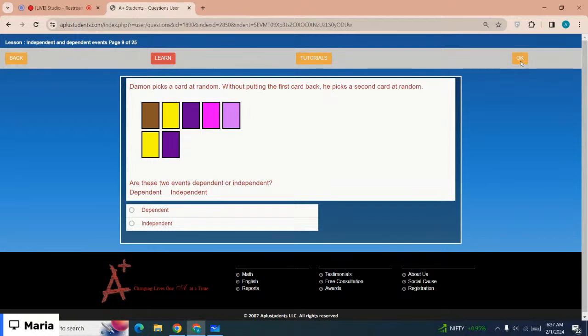Damon picks a card at random. Without putting the first card back, he picks a second card at random. Are these two events dependent or independent?